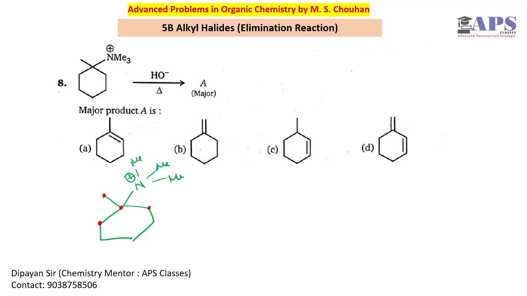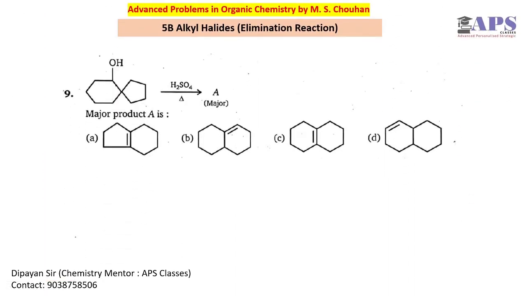So we have 3 beta positions, and in one of the positions we have more hydrogens. In this case we have 3 hydrogens. In these two positions we have 2 hydrogens. So in Hofmann elimination we have to remove hydrogen from the beta carbon where the number of hydrogen is more. So we remove hydrogen from this place and the final product will be option B.